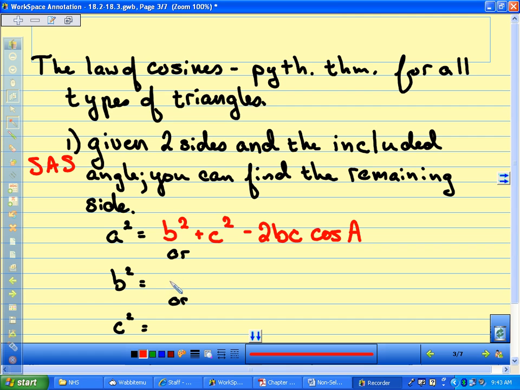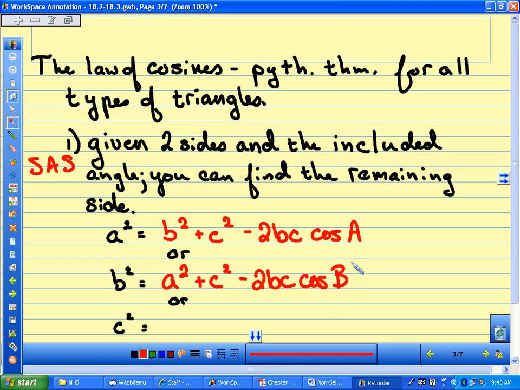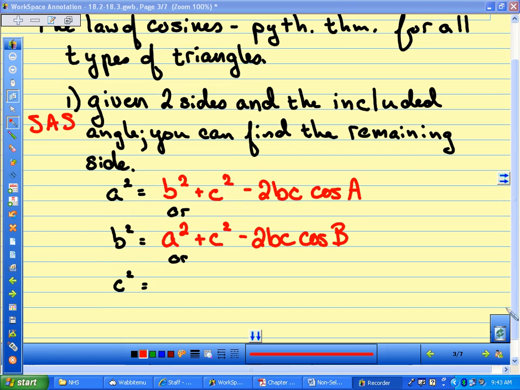What would B squared be equal to? A squared plus C squared minus 2AC cosine of angle B. If we're looking for side B, then we've got to know angle B. And then the last one, what would C squared be equal to?